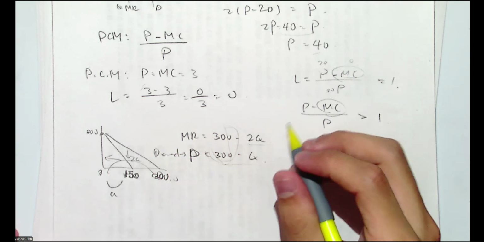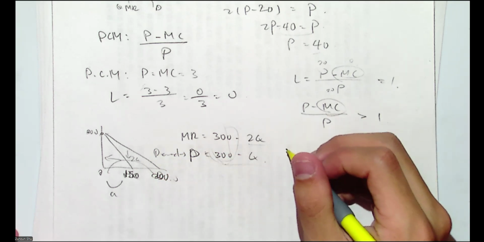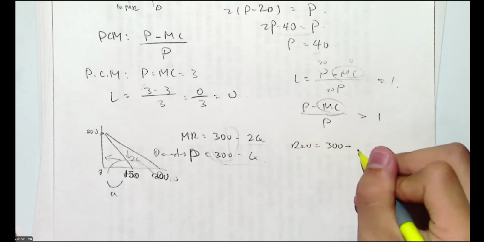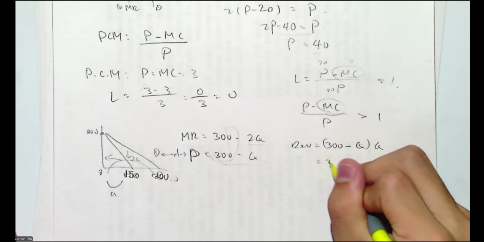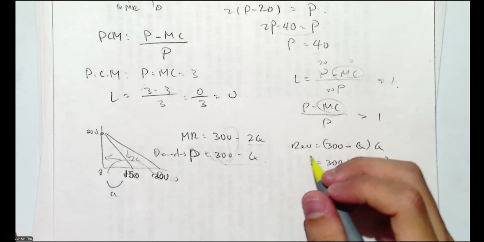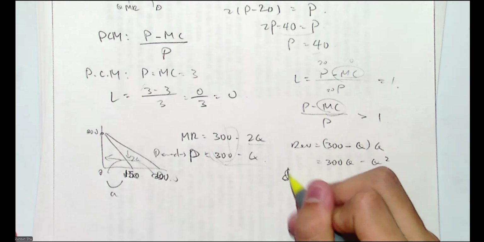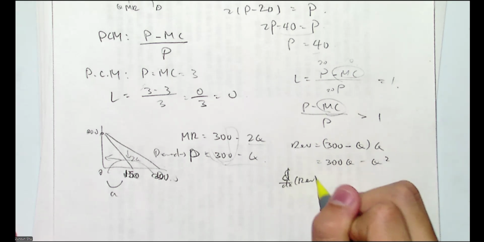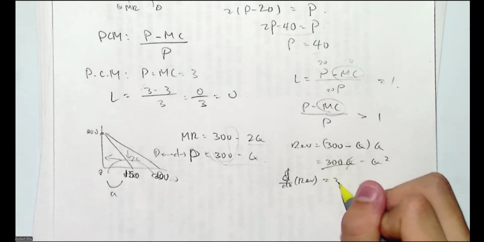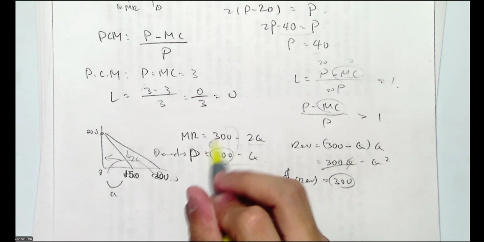So when we are going to find MR, we're going to take the derivative of revenue. Revenue is equal to 300 minus Q times Q, which is 300Q minus Q squared. Now, if we take the derivative of revenue, this part is 300, and that also explains why the y-intercepts are the same.